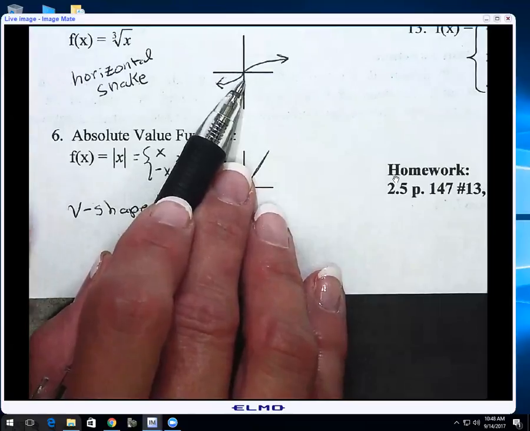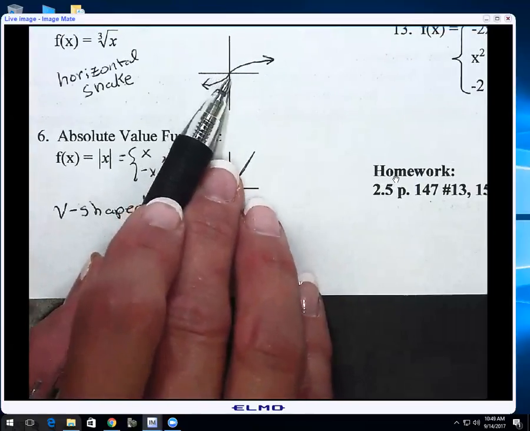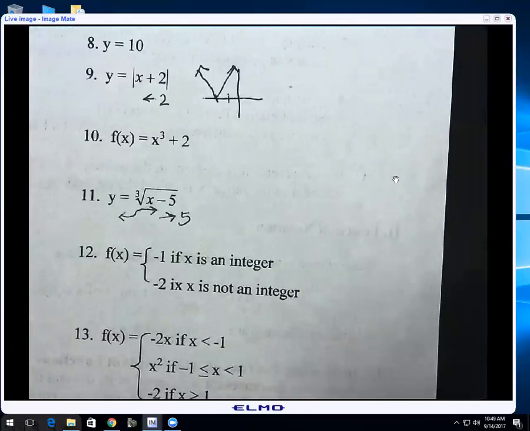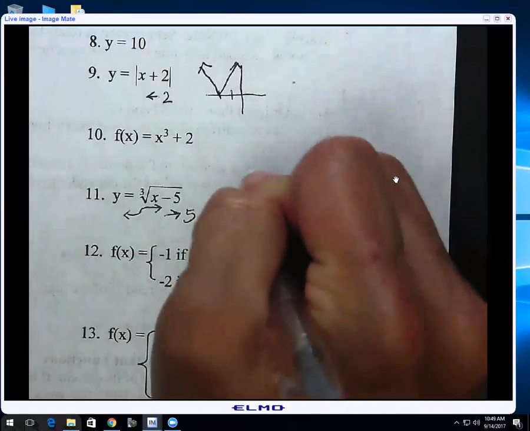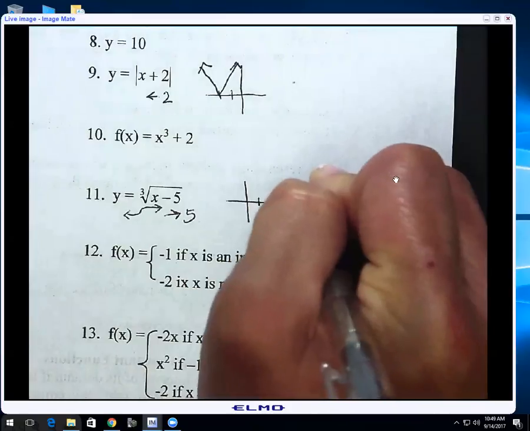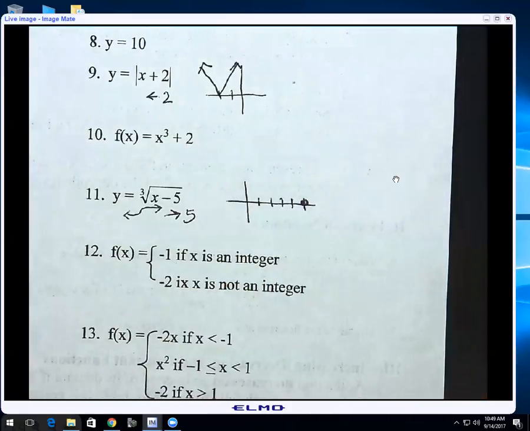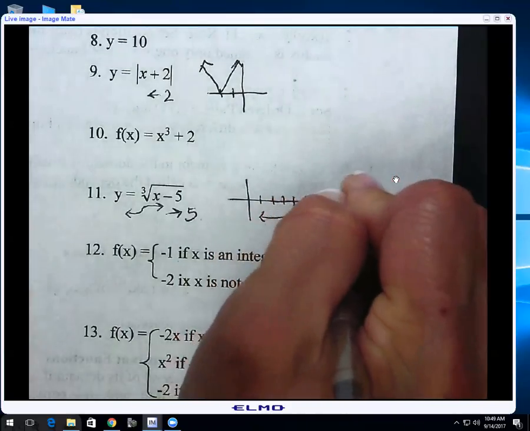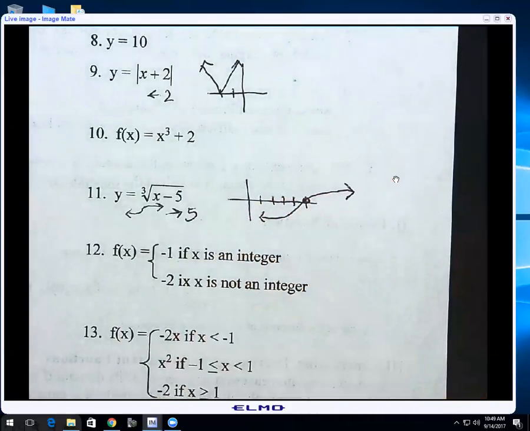And you know snakes don't really have belly buttons. But to shift that 5 places to the right, I'm going to shift its belly button 5 places to the right. And calculus will call that the inflection point. But in pre-calculus, we call it the snake's belly button. It's been scooted over to right there. It looks like x cubed turned sideways.